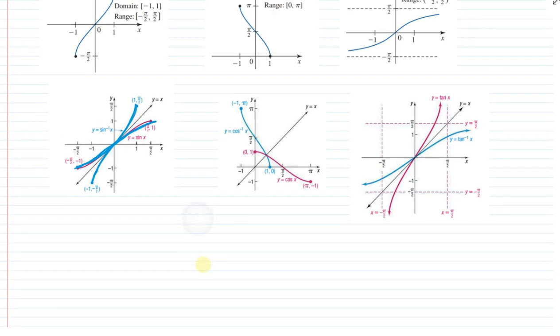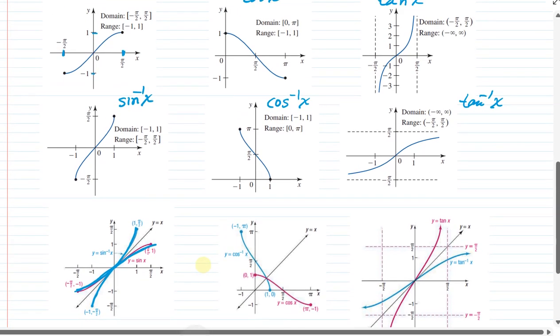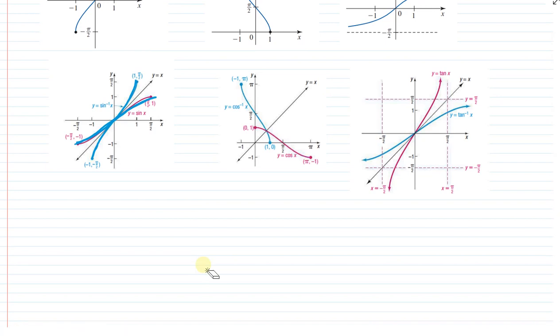Okay. And here's how we have sine again, restricted between negative pi over 2 and pi over 2. For cosine, remember we restricted cosine between 0 and pi. So that's what this portion of it is, right?